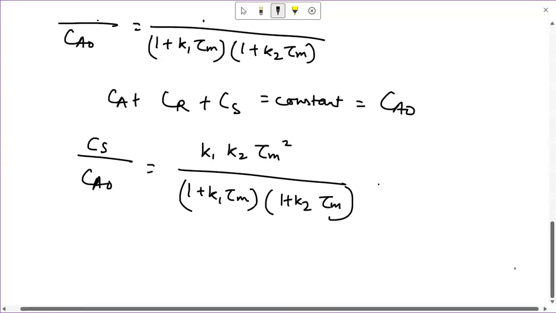To get the maximum concentration for R, that is Cr max, you need to obtain the stationary point for dCr by d tau m.